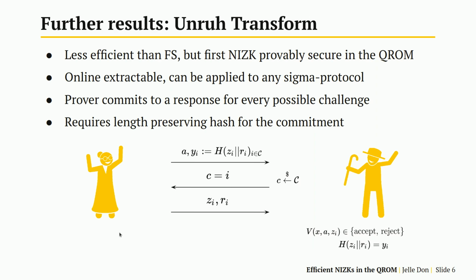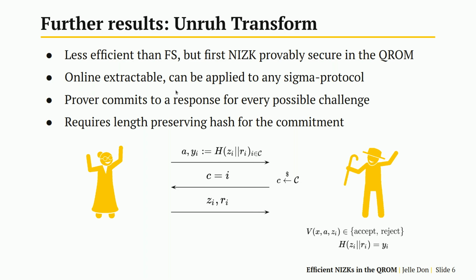And as another extra result, we show that the Unruh transformation, which is comparable to but less efficient than the Fiat-Shamir transformation, but it was the first NIZK that was provably secure in the QROM. It's also online extractable.